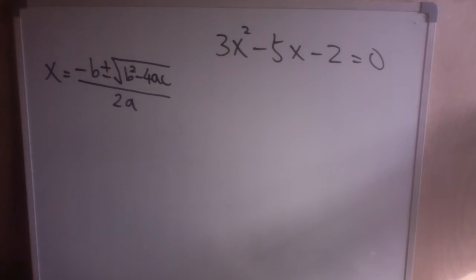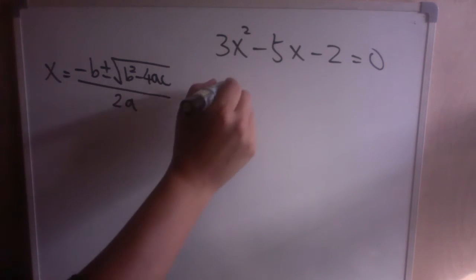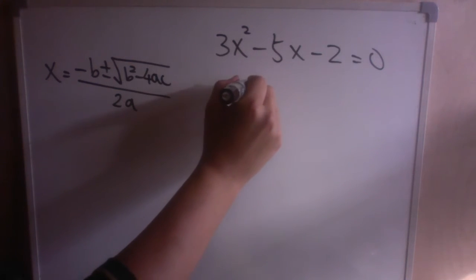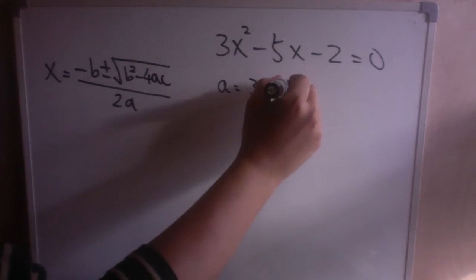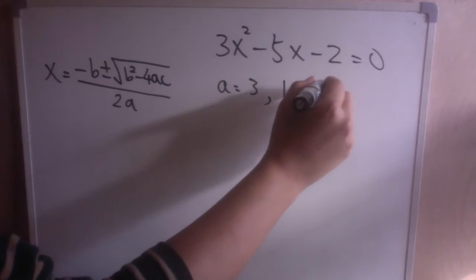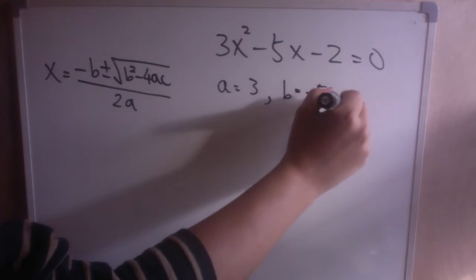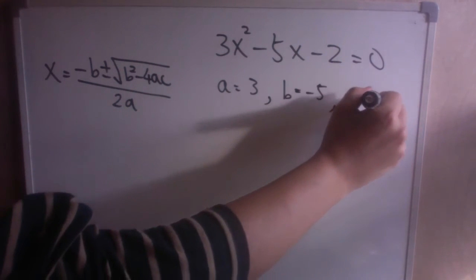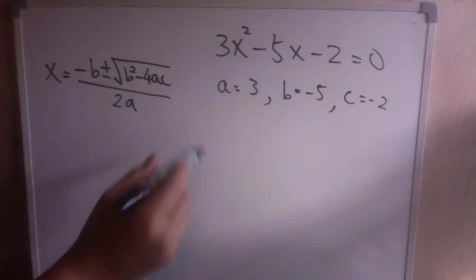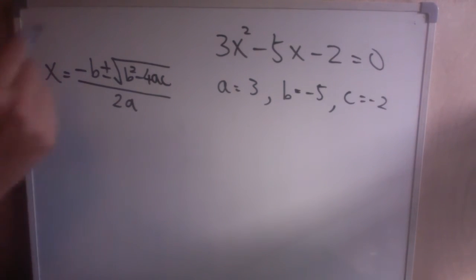Here's the next problem. We have 3x squared minus 5x minus 2 equals 0. Just like in the last problem, we're going to have a equals 3, b equals negative 5, and c equals negative 2. So we're going to plug these numbers into the formula to solve the equation.